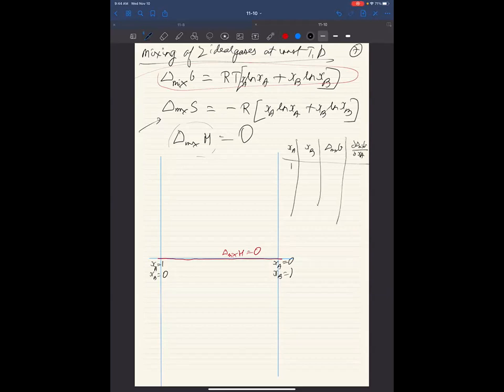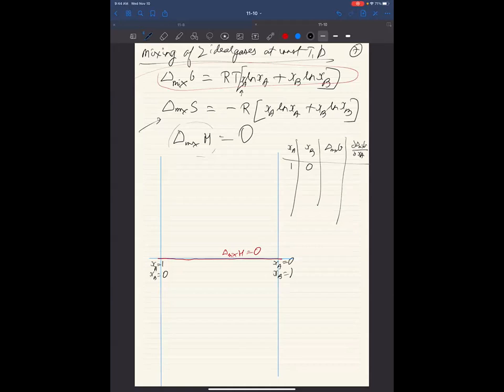XA is equal to 1, XB is equal to 0. What is delta mixing G? If I put XA is equal to 1, what is the value of 1 log 1? 0. What is the value of 0 log 0? It is 0.